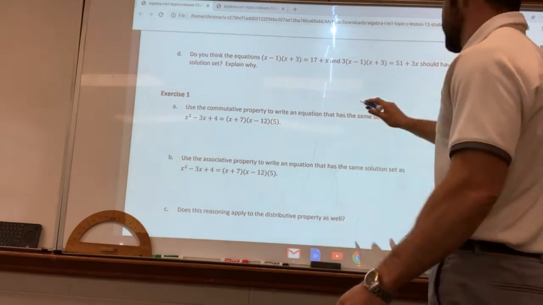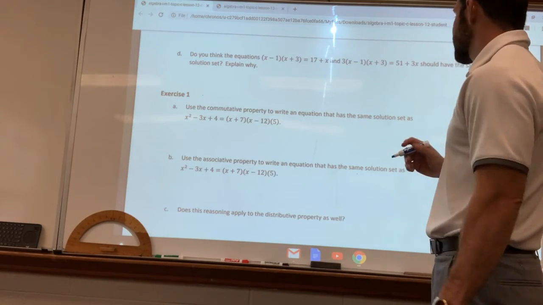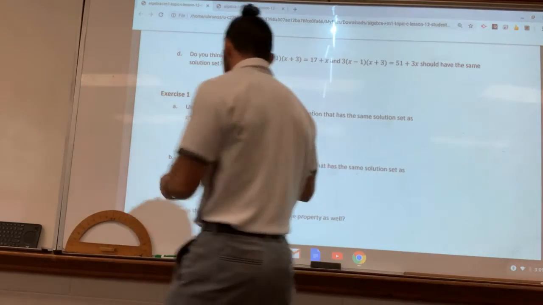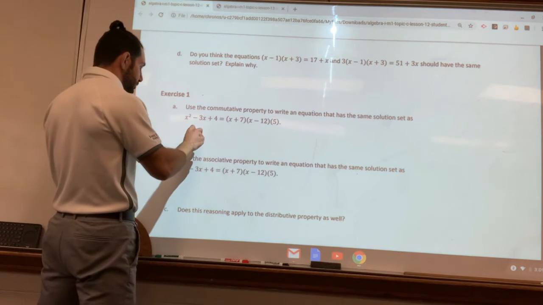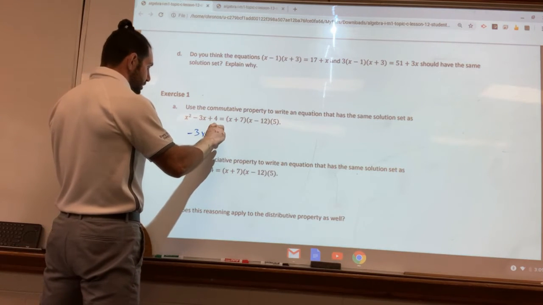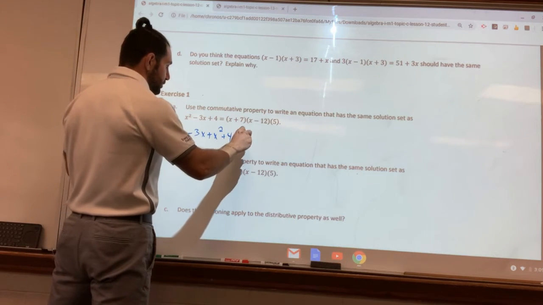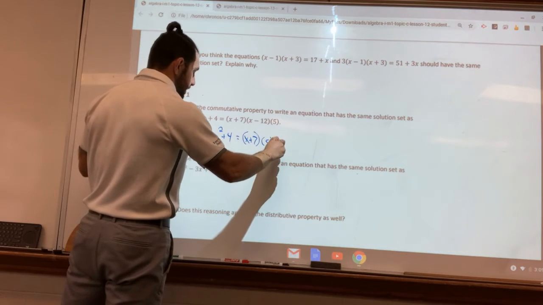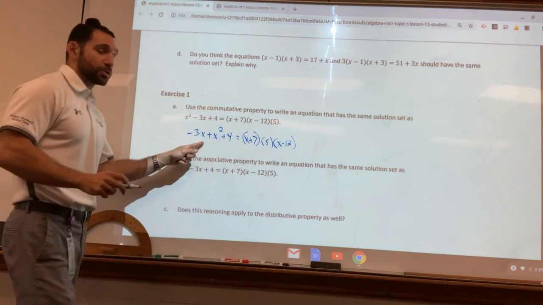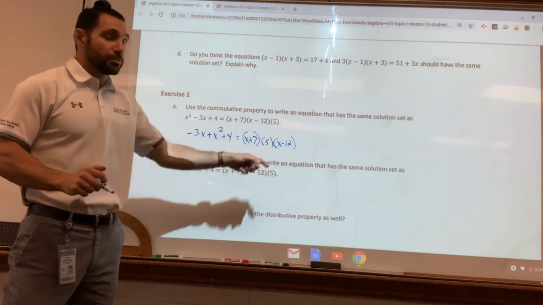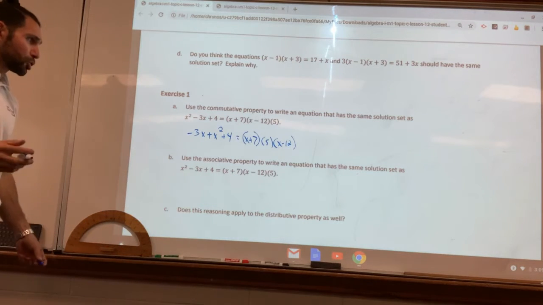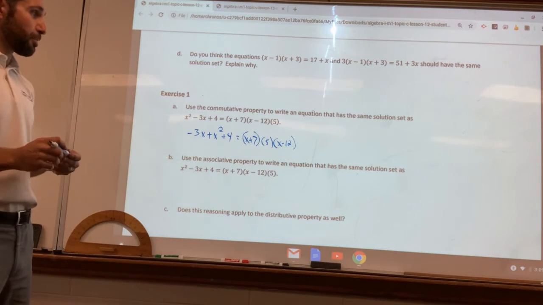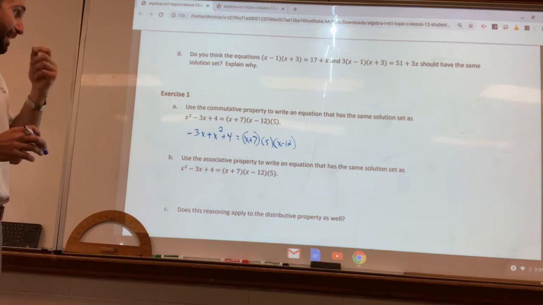So what can I do here? It says use the commutative property, write an equation that has the same solution. Okay? Well, I'm going to change this up and say negative 3x plus x squared plus 4 equals x plus 7 times 5 times x minus 12. So I used the commutative property twice. Addition, multiplication. Could you have done something different? Sure. Use the associative property to show that it has the same solution set.